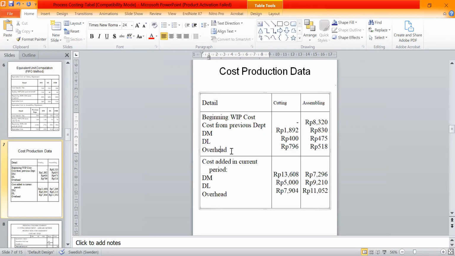So let's say we make a cost production statement for the period March 2021. We need the information about how much total cost we added in a certain department for that period, for the direct material, direct labor, and overhead.